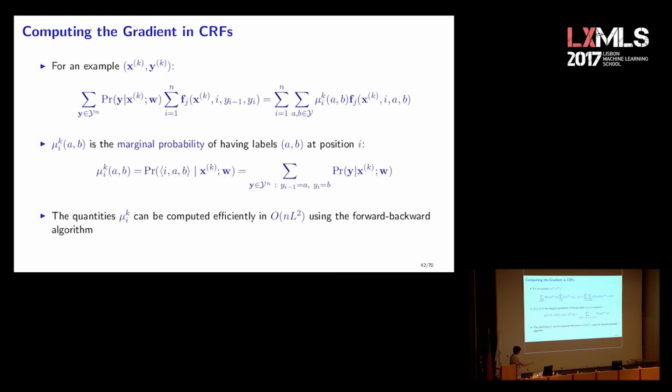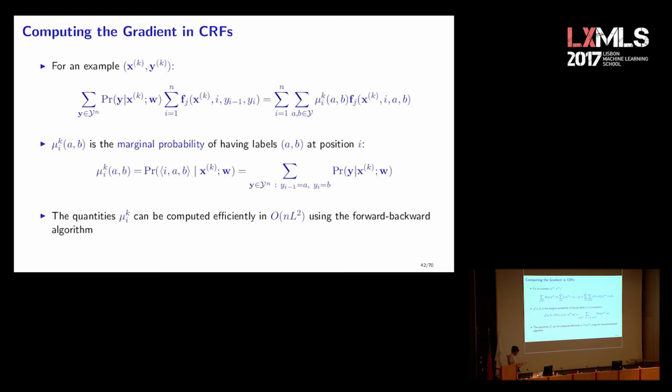And so this is a definition. So once I have marginal probabilities, I can plug them in here and compute the expectation, okay? So the question is, how can I compute these marginal probabilities, okay?